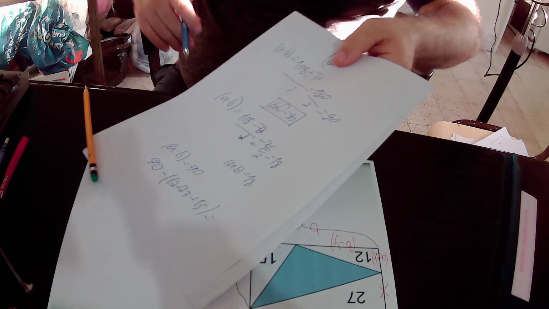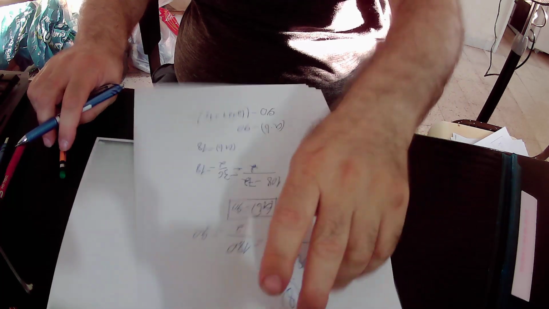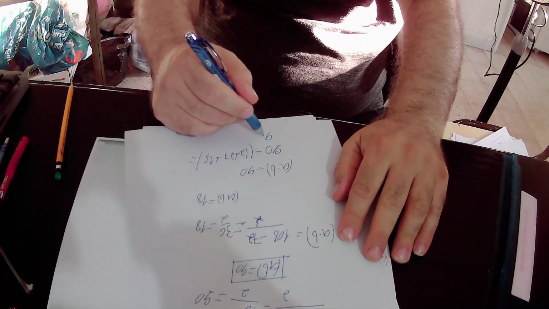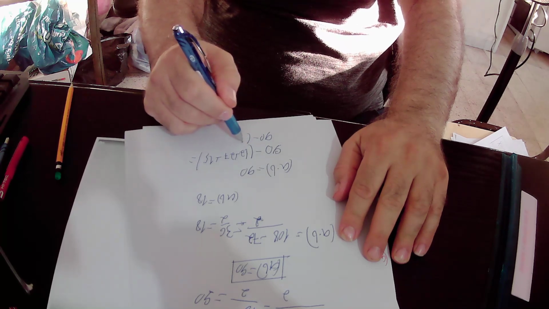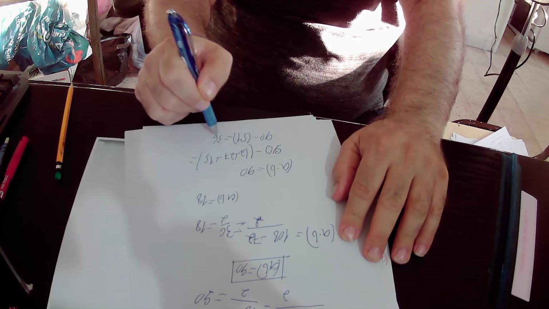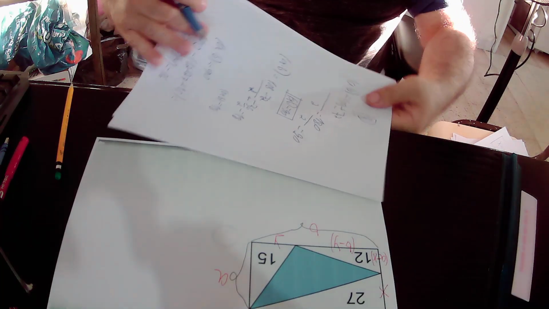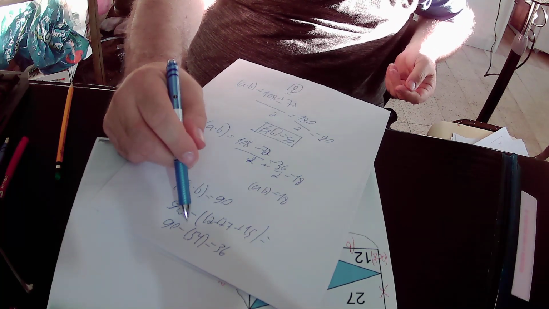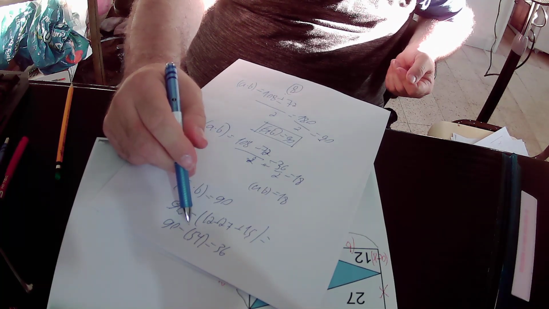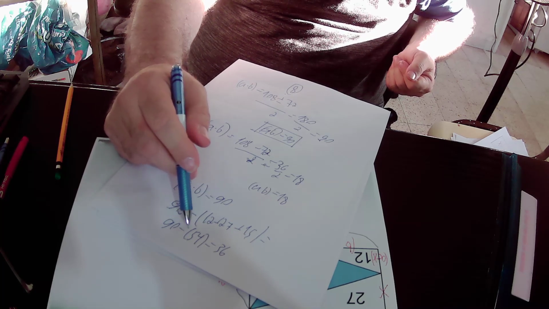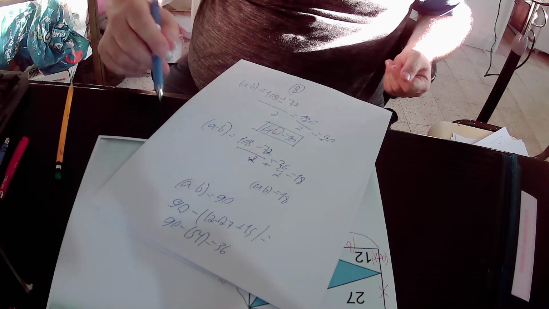And in total, the sum of the areas of the three right triangles equals 54 units. So the area of the rectangle minus the sum of the areas of the three right triangles is actually 90 units minus 54 units equals 36 units.